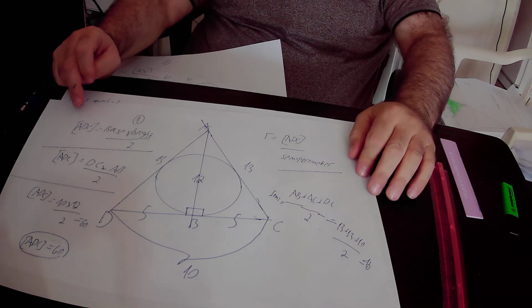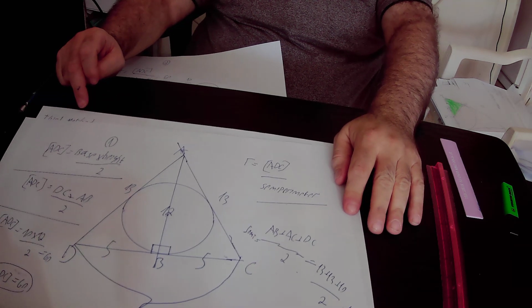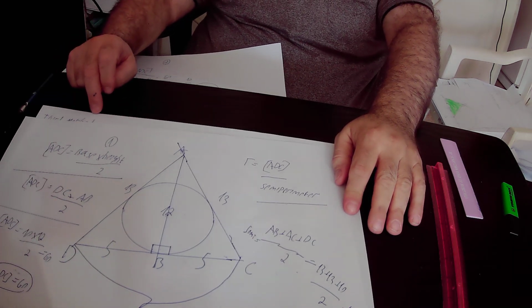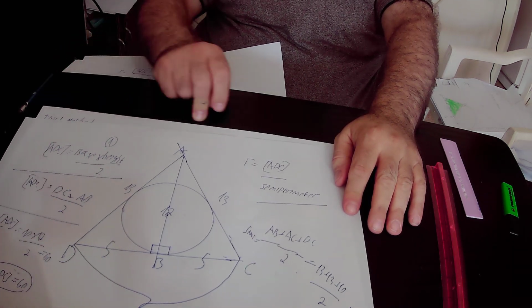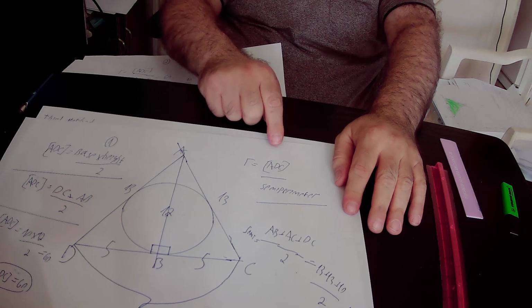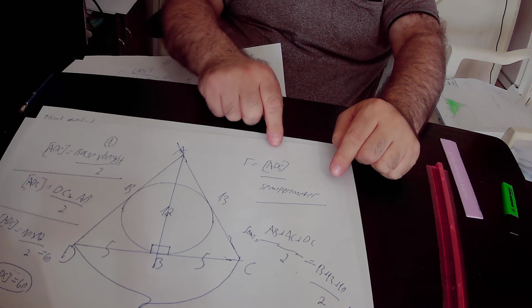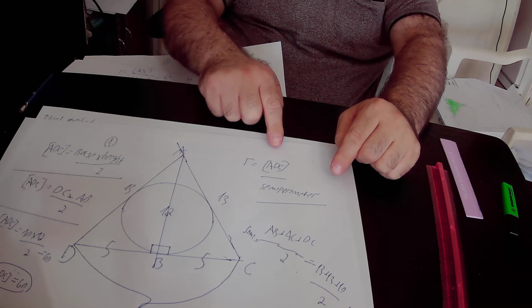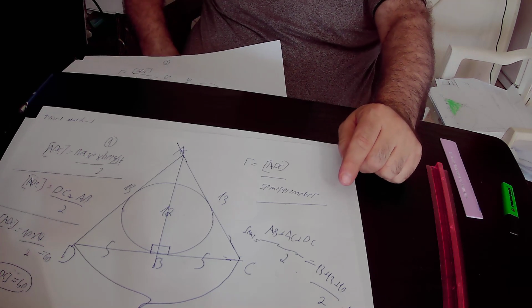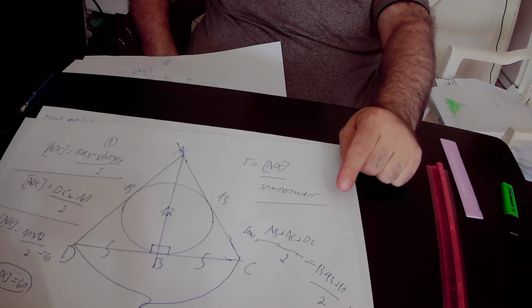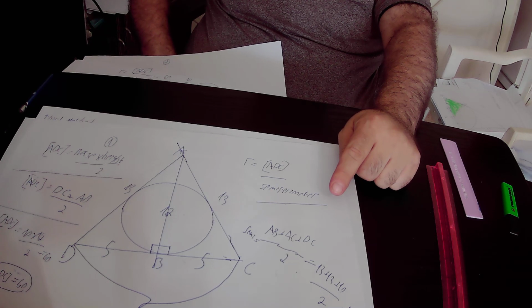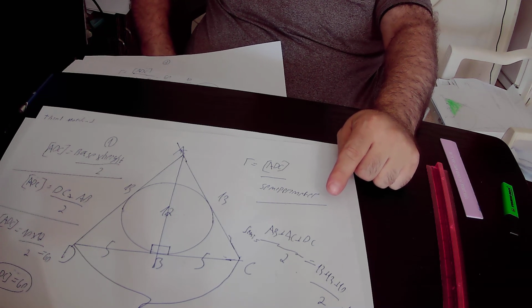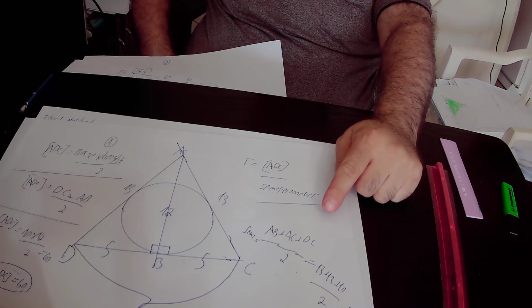And then we know that the radius of any circle that is inscribed in a triangle equals the area of the triangle that blocks the circle over the semi-perimeter of the triangle. We already found out that the area of triangle ADC equals 60 square units, and the semi-perimeter equals the perimeter over 2, and the perimeter is AB plus AC plus DC, all divided by 2.